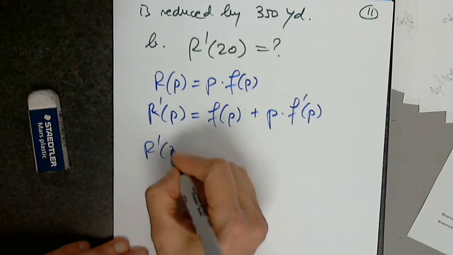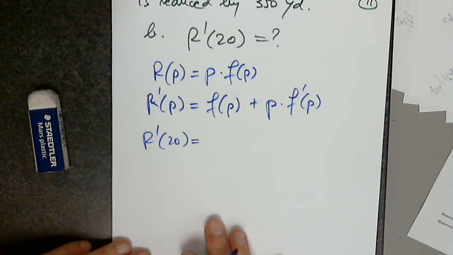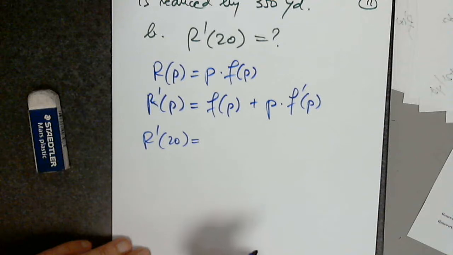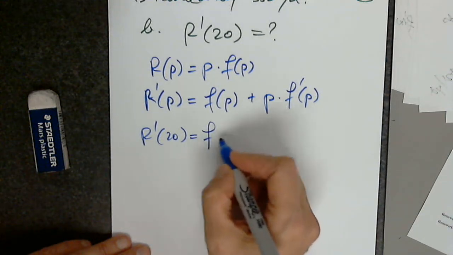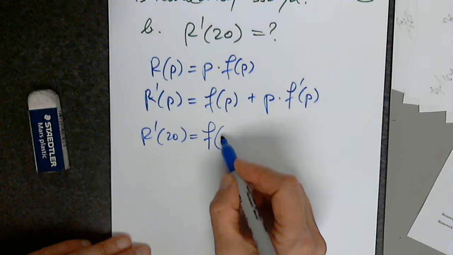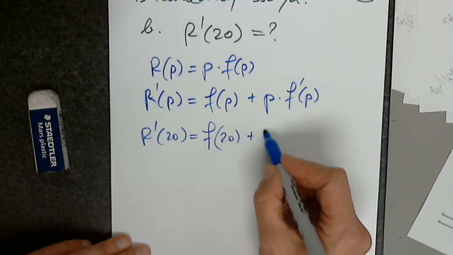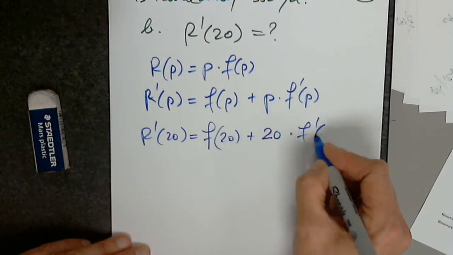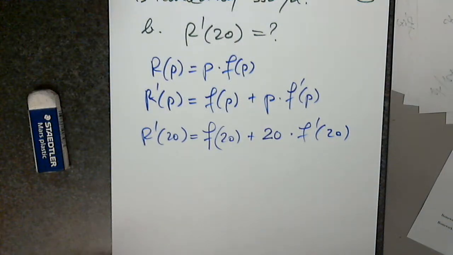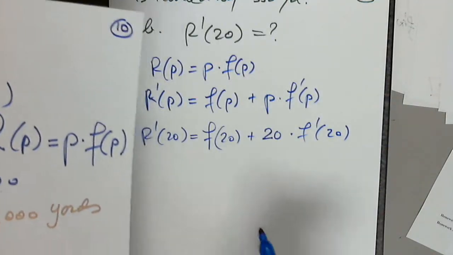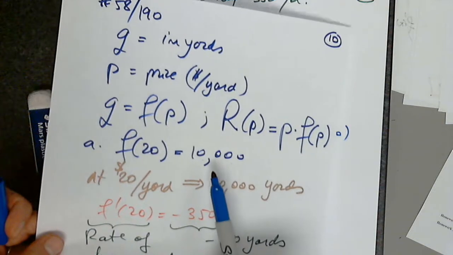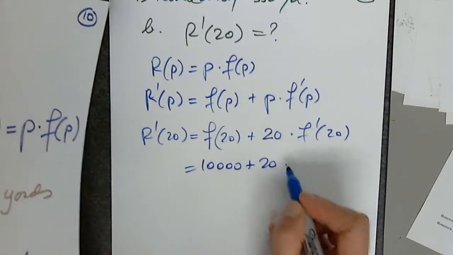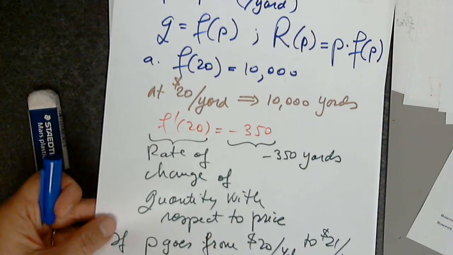So then now, what do I do to this? That's the P, right? Multiplied by F prime of 20. And we are told to go back to what we already found out. So how much is F of 20? Plus 20. How much is F prime of 20?